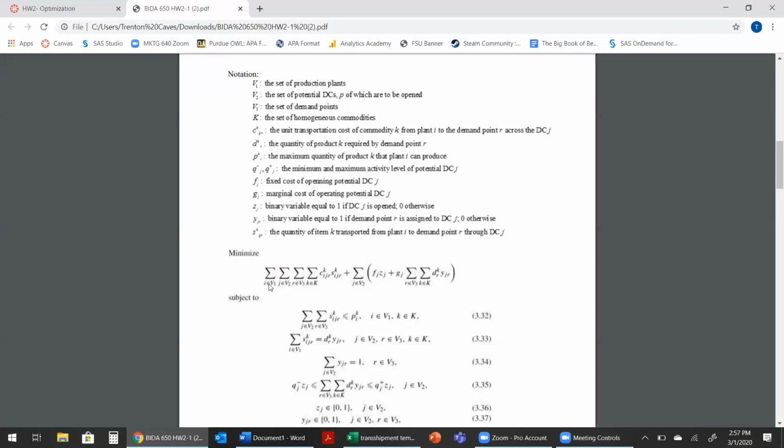So for all production plants, for all distribution centers, for all demand points, and for all commodities. So our major variables are our production plants, our distribution centers or warehouses, our demand points or our retail outlets, and our commodities, the product that we're dealing with.